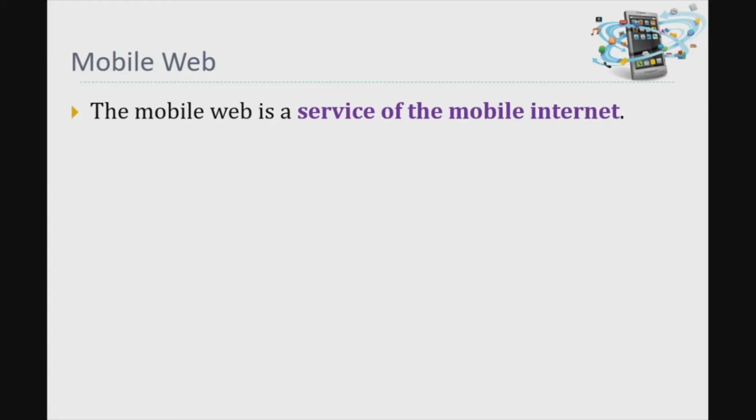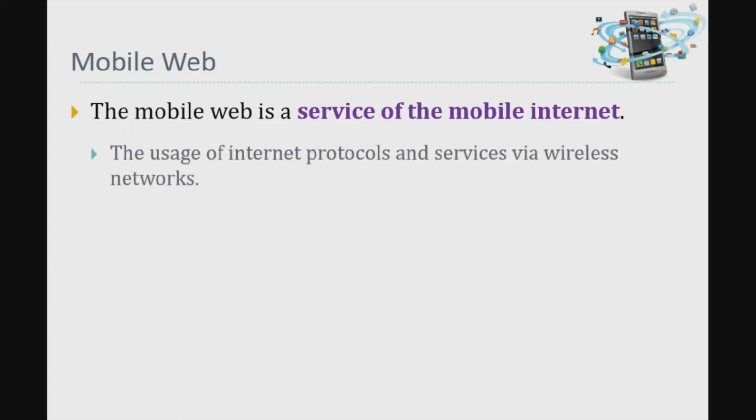So mobile web is a service of the mobile internet. So we access the internet through the mobile web. Okay, the usage of the internet protocol and services via wireless networks. When we talk about the mobile device, it is mostly on the wireless network.